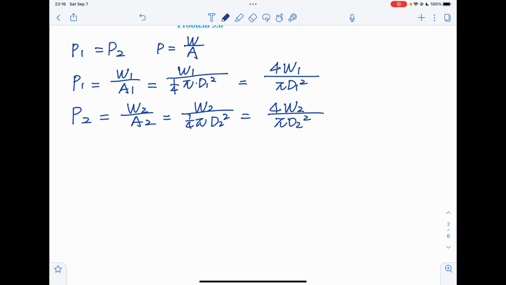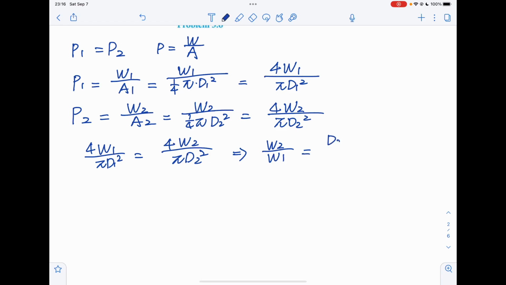And because P1 equals P2, we have 4 W1 over pi D1 squared equals 4 W2 over pi D2 squared, which we can simplify to W2 over W1 equals D2 squared over D1 squared.